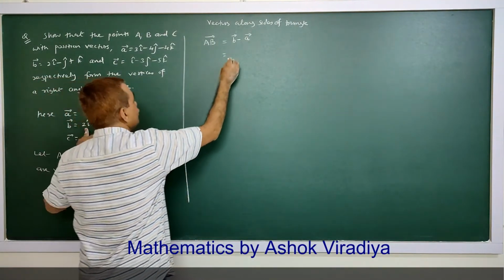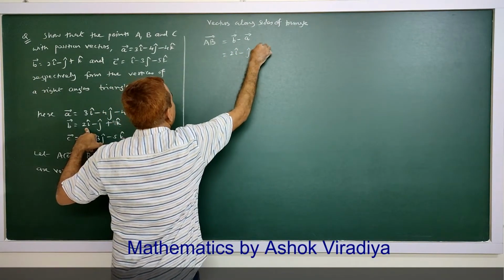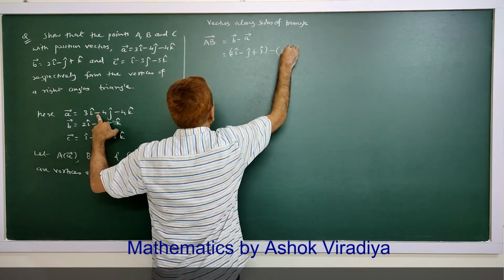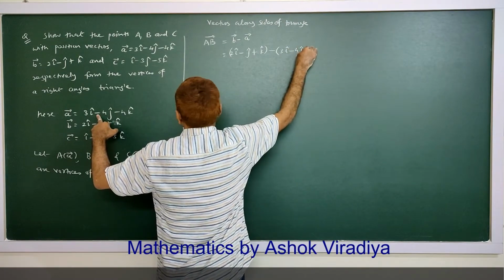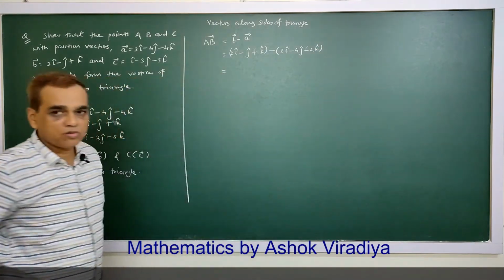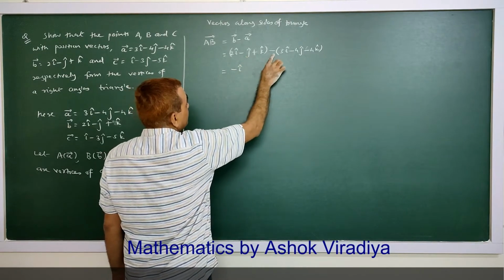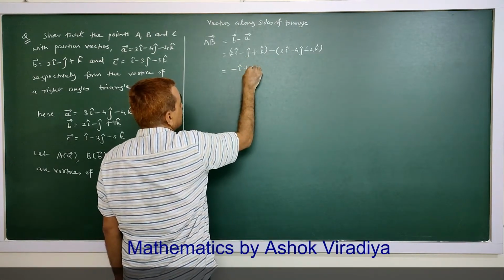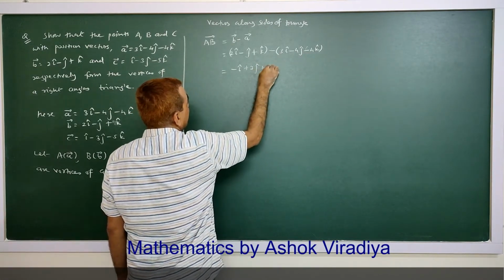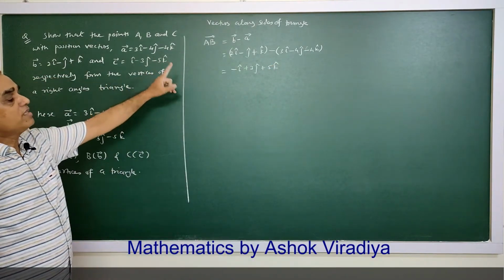That means 2i minus j plus k minus the position vector of A, 3i minus 4j minus 4k. So it is equal to 2 minus 3, minus 1 times i, minus 1 plus 4, that is plus 3 times j, 1 plus 4, that is 5 times k. This is vector AB.